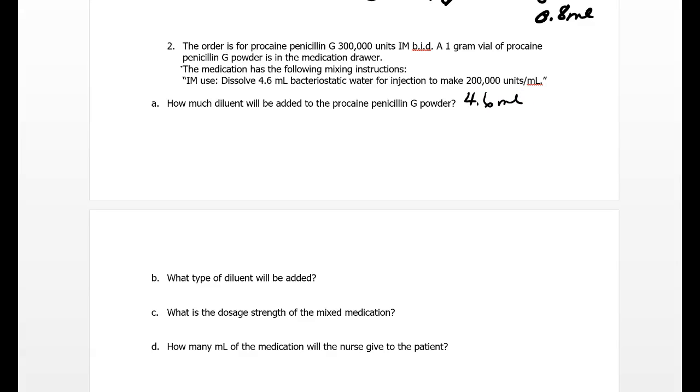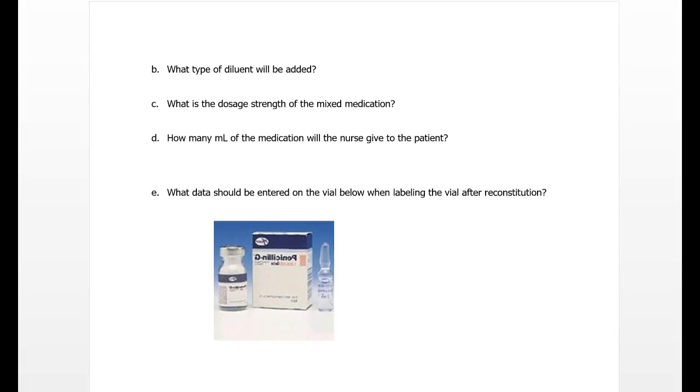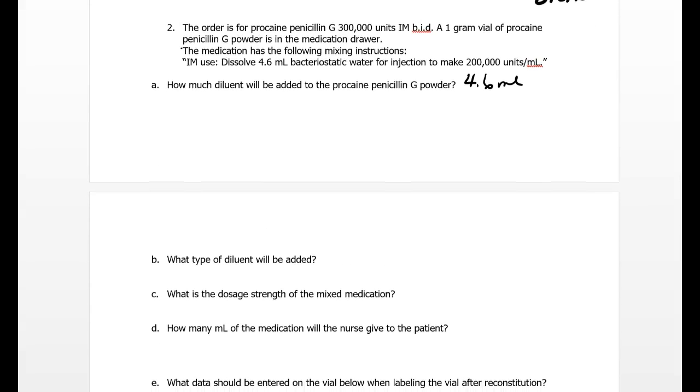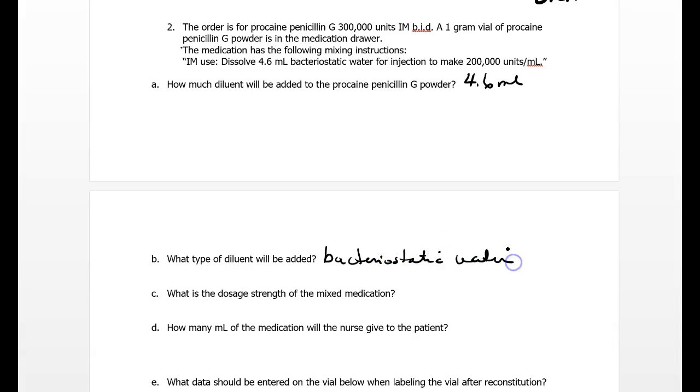What type of diluent? We're going to add bacteriostatic water. There is a difference between bacteriostatic water and sterile water for injection. You can also mix it with normal saline. However, you use whatever diluent it says on the label.